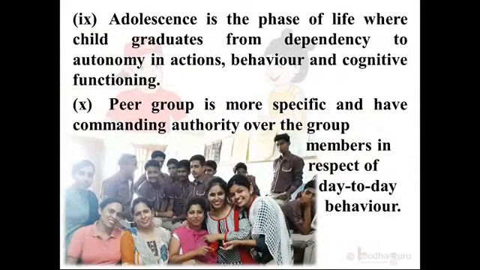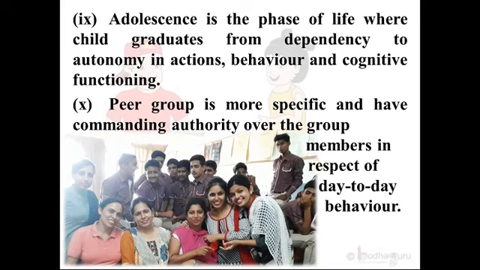Dear friends, adolescence is the phase of life where the child graduates from dependency to autonomy in actions. Earlier, the child was purely or partially dependent on their parents for small activities. But here, even for activities which are beyond the capacity of adolescents, they become independent.